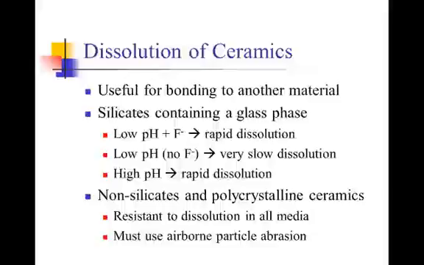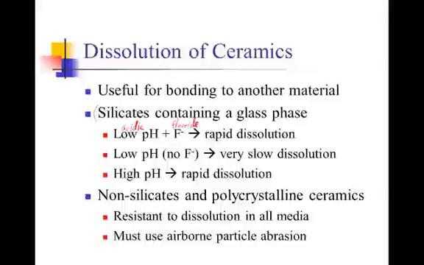And so it's very useful for bonding to roughen the surface. And so silicates and non-silicates behave differently in respect to being able to dissolve them. For silicates, first of all, we have a special situation whenever we have acidic conditions or low pH, and we also have fluoride at the same time.